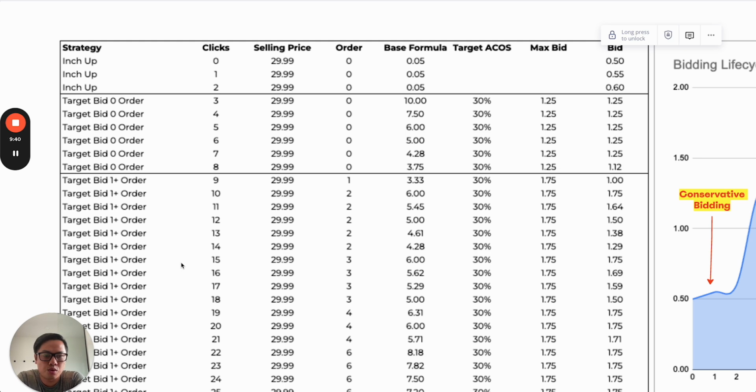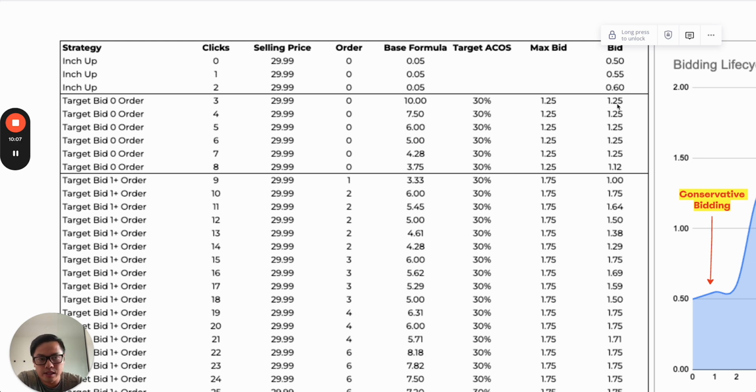You want to have a higher max bid if you're more confident in the target. If you're not as confident, you want to limit the max bid, because generally for an unproven target, you don't want to be bidding more, in this case, more than $1.25. But if it's proven, then you're okay to bid higher, to $1.75, etc. So that's kind of how that stacking works.